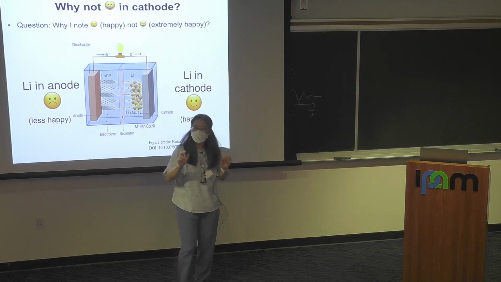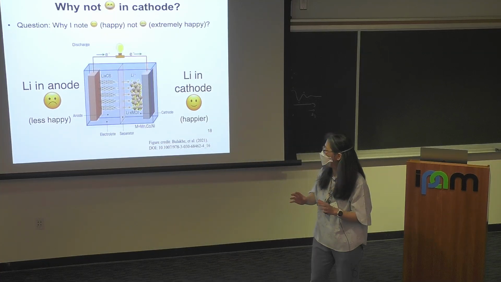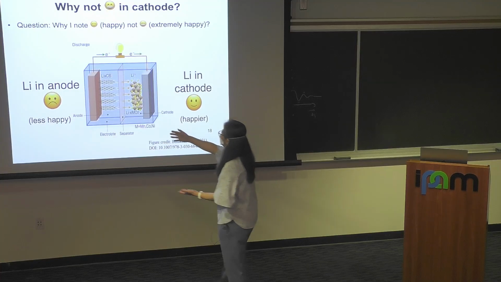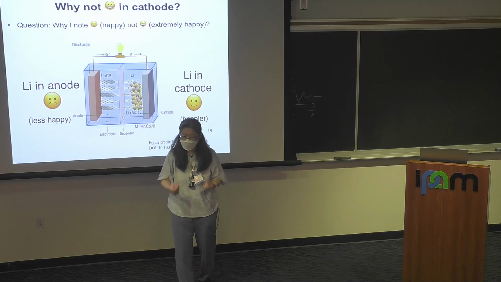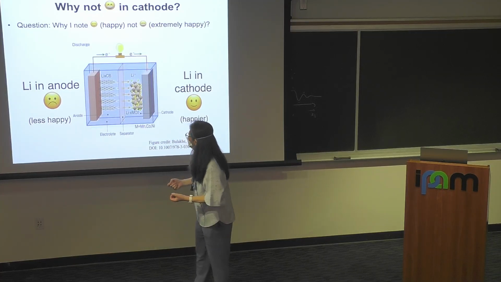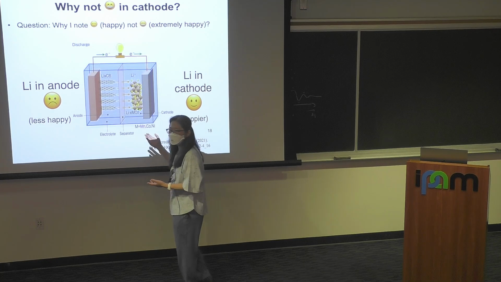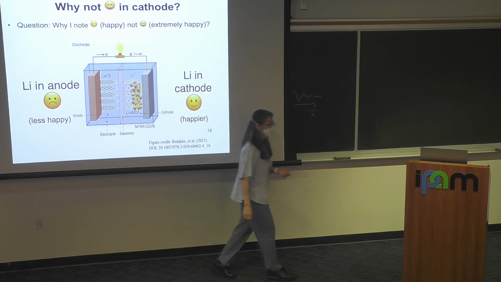So it's really an intricate balance. You want to make sure that lithium wants to go from here to here when you are using it and you get enough voltage for the device, but you don't want it to be so big that you can't get it back that way.